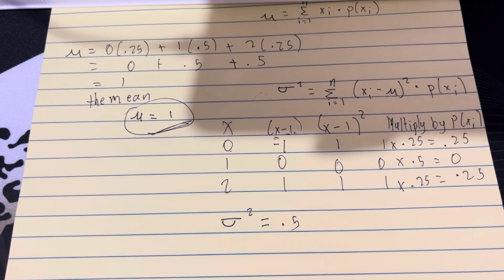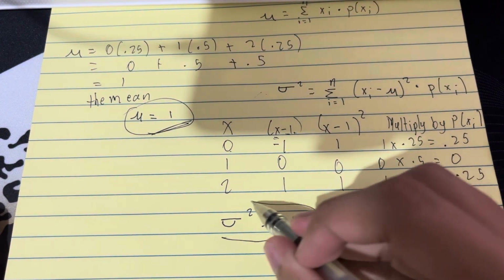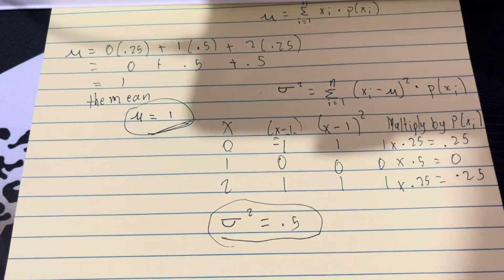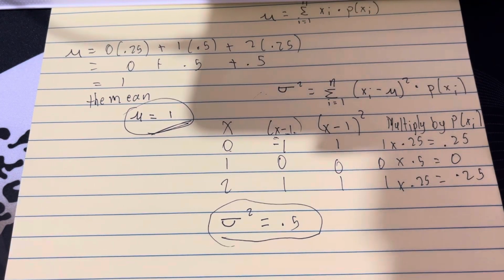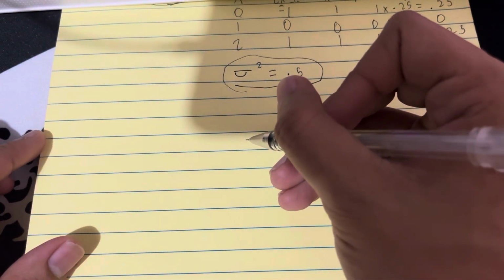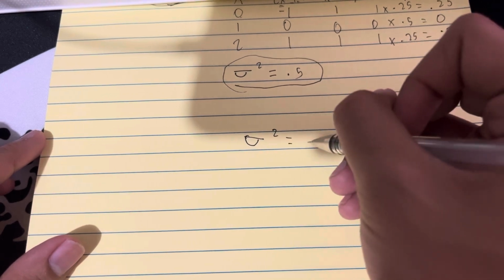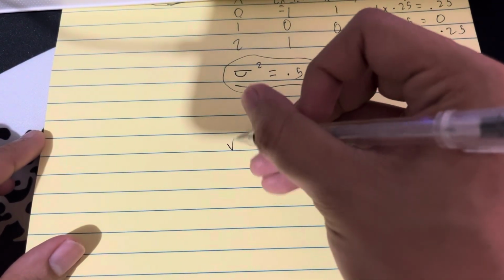Now, how do we get standard deviation? It's so easy. I swear, it's so easy. Basically, you get this. This is your variance, right? After that, you just square root it. So what does this mean? This means that you get your sigma squared is equal to 0.5, right? We just square root.